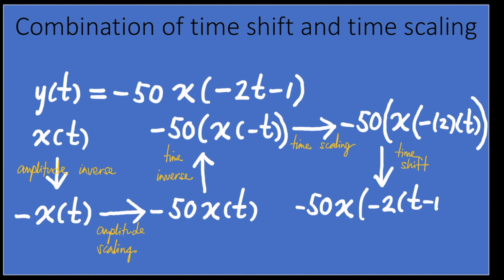So we need to adjust. Let's say we replace t minus 1 with t plus 1 over 2.